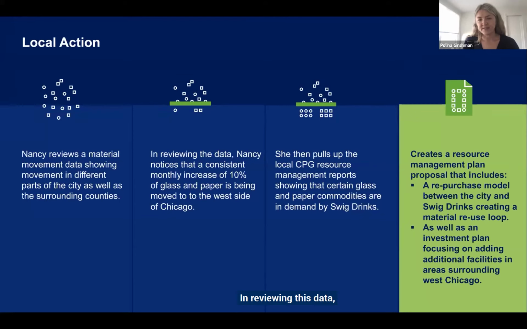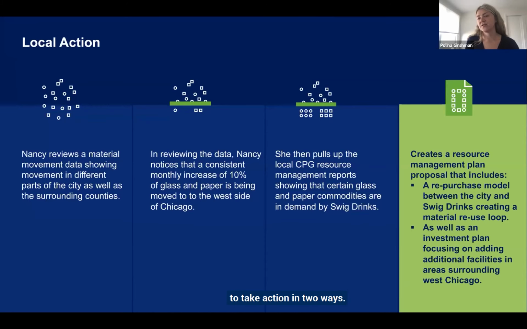In reviewing this data, she notices some sort of inconsistency and perhaps a certain percentage of glass and paper that's being moved to part of the west side of Chicago. She's then able to pull up a CPG resource management report, and that shows that a certain glass or paper commodity is in demand by Swig Drinks.